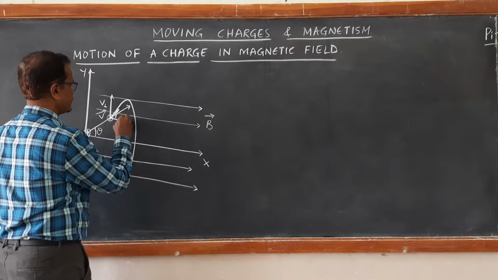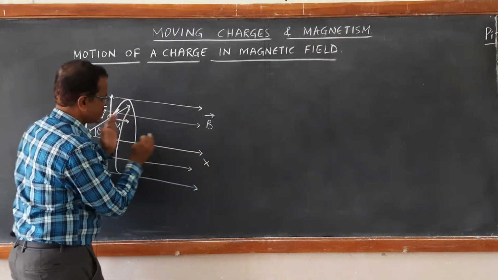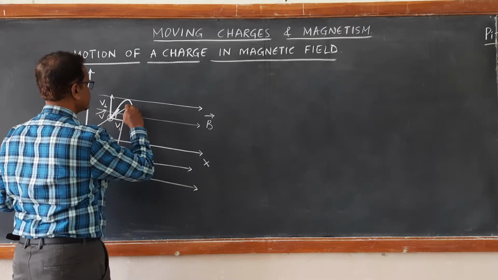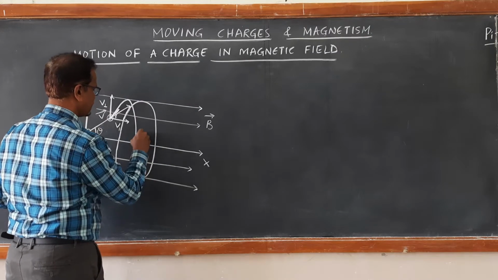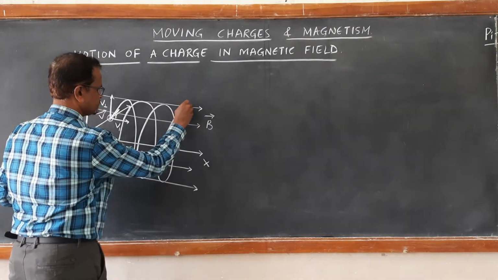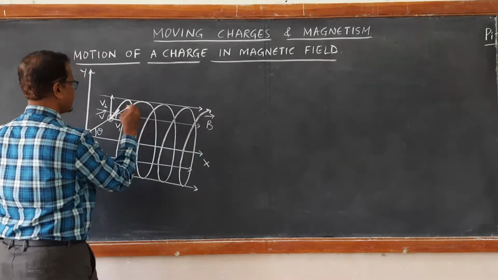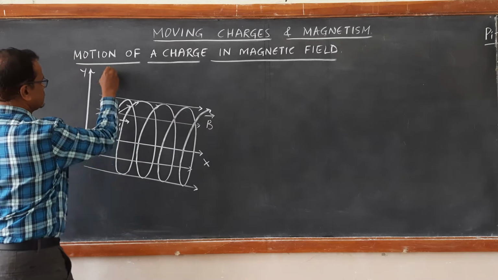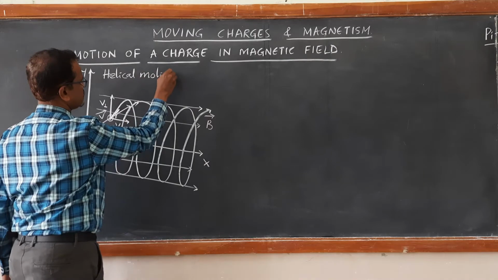And before it completes one revolution, it also undergoes lateral motion along the direction of the magnetic field. As a result, it will have what is known as helical motion. Yes, this is how the particle undergoes helical motion. So this is the helical path or helical motion of a charged particle.